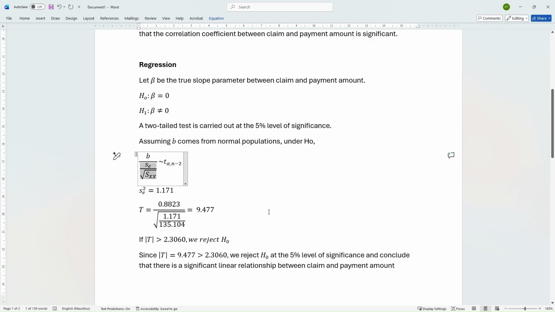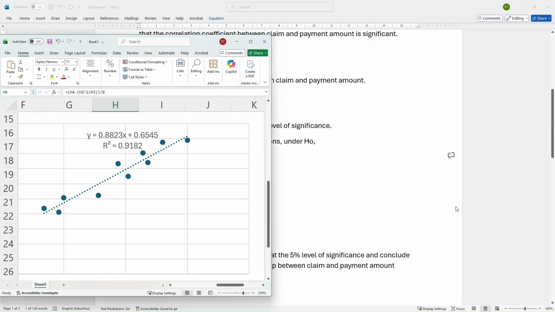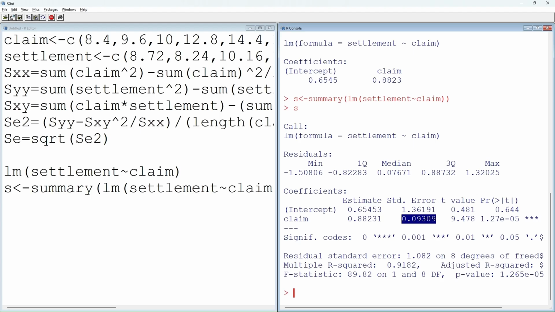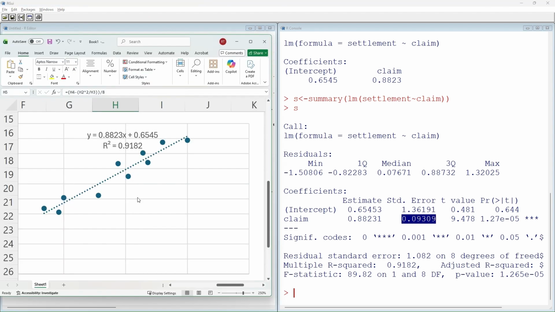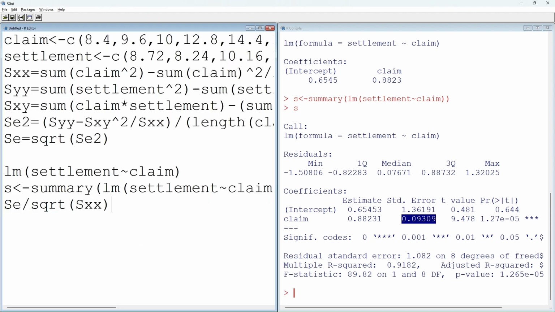Let's suppose now I come back to here, and I want to find this standard error of B. What do I need to do? It's very simple. I take this SE and divide by the square root of the sum of squares of x.